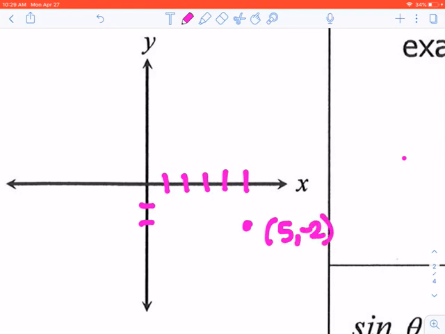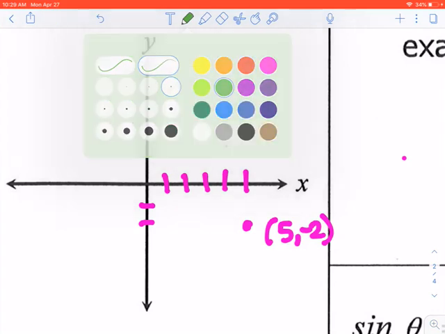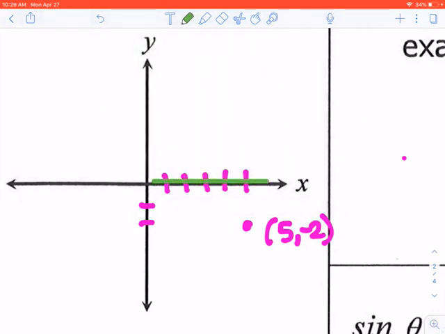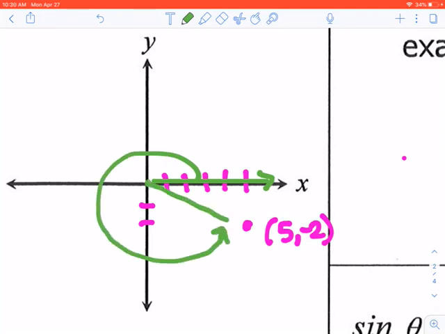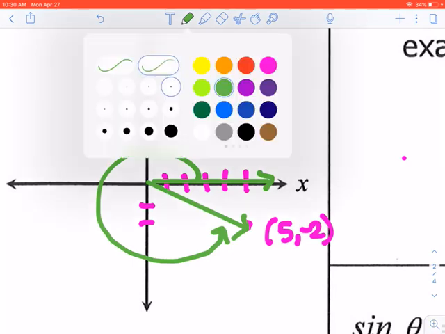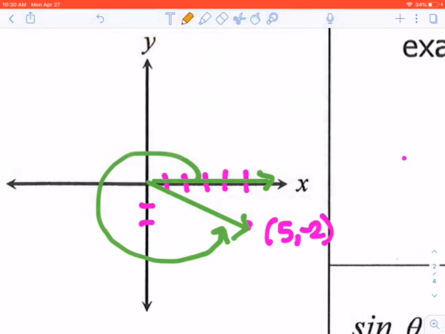Okay? And if I'm drawing an angle, we start at the x-axis. Some angle theta is going to end at 5, negative 2. Okay? Right here. This is our angle at 5, negative 2. Now, because of reference angles that come from the x-axis, I can call this angle my reference angle theta, and I can create a triangle to the point 5, negative 2 from my x-axis.